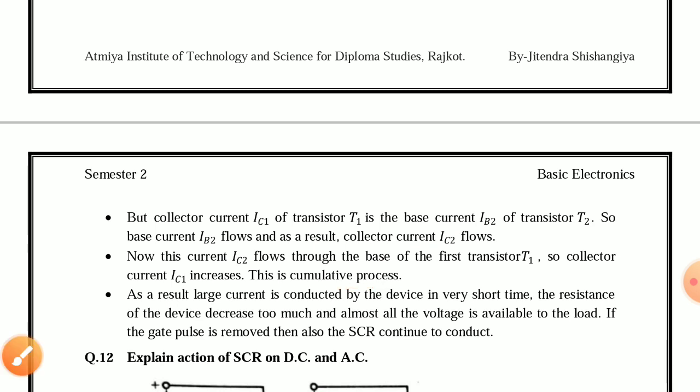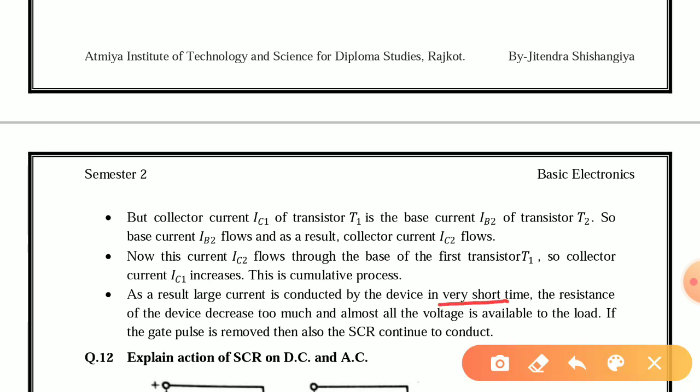Now what happens? As a result, a large current is conducted by the device in a very small time, and we can say the SCR is on. The resistance of the device decreases too much, and almost all the voltage is available to the load. So if the gate pulse is removed, the SCR still continues to conduct.